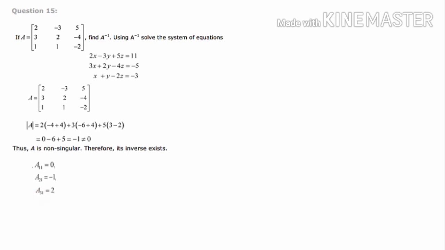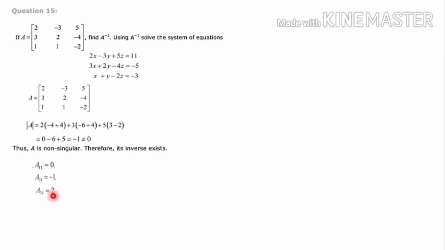Next is A31. That is third row, first element. Third row, first element is 1. That row and column is gone. Minus 3 into minus 4, that is 12. Minus 5 into 2, 10. So 12 minus 10 is 2. Then 3 and 1 are the row and column values. 3 plus 1 is 4. 4 is an even number, so the sign is positive.